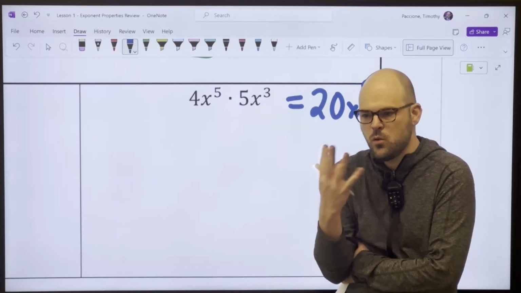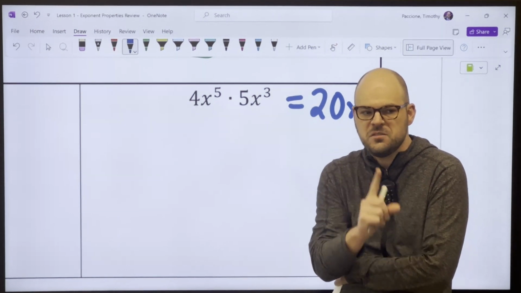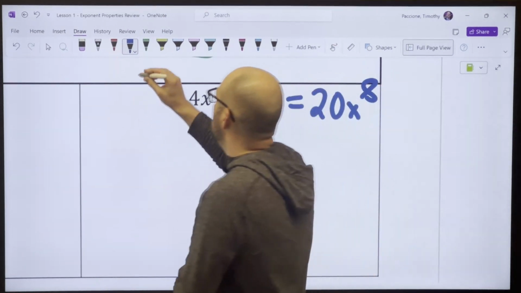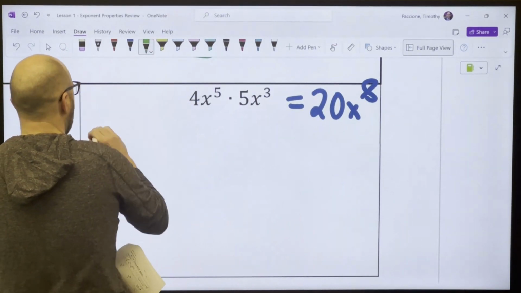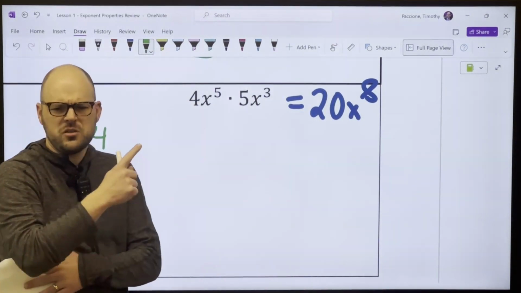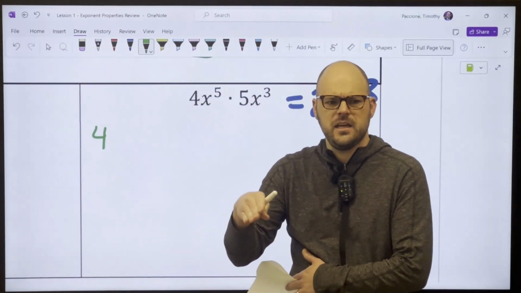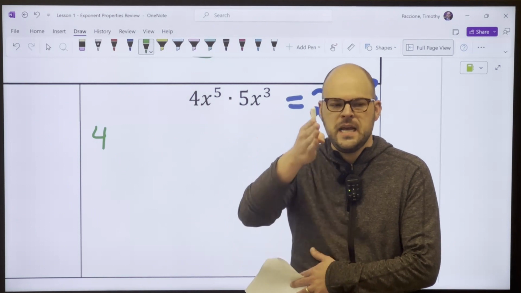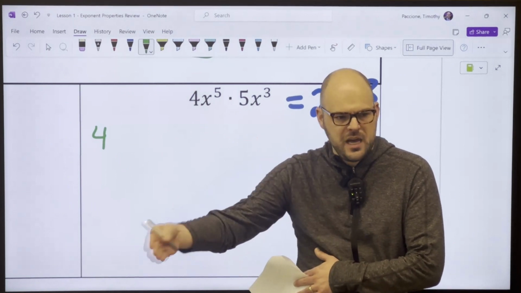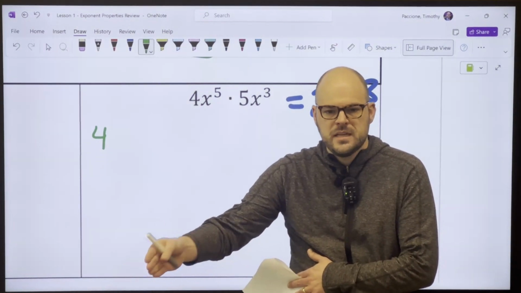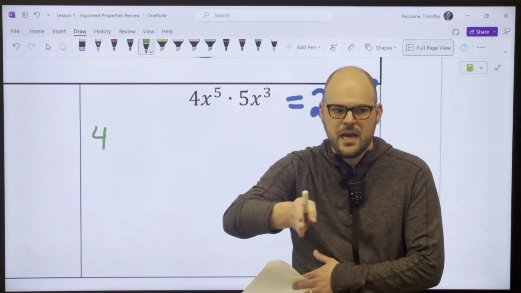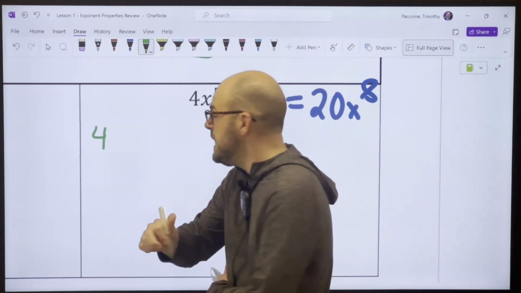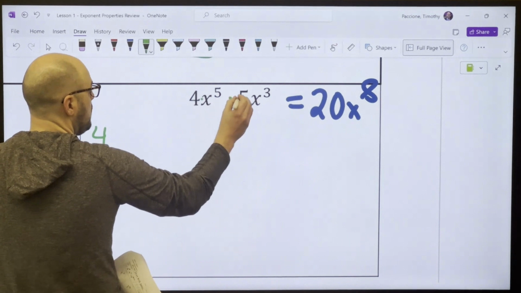So you just go 4 plus 5, right? But that's forgetting what's happening here, right? What's happening? Well, actually, what is the 4 and the 5 here? It's a coefficient, and a coefficient is a number that's being multiplied by a variable, right? It's 4 in front of the x, that's 4 times x, right? So there's multiplication happening here, here, and here.